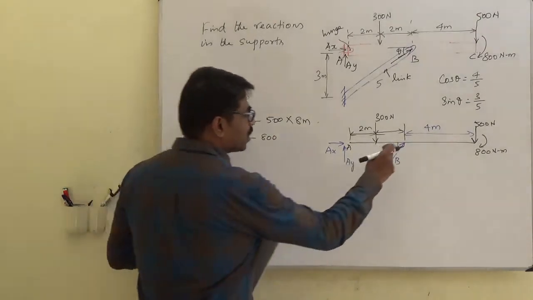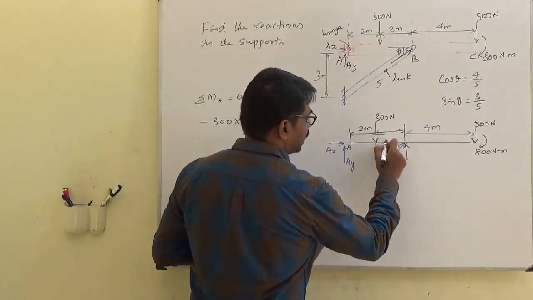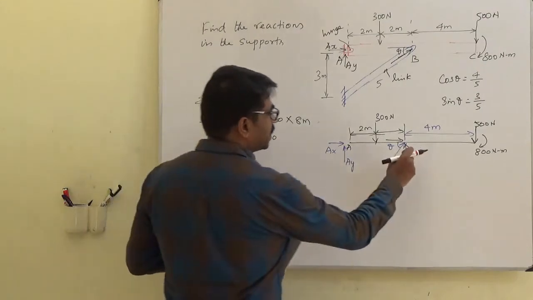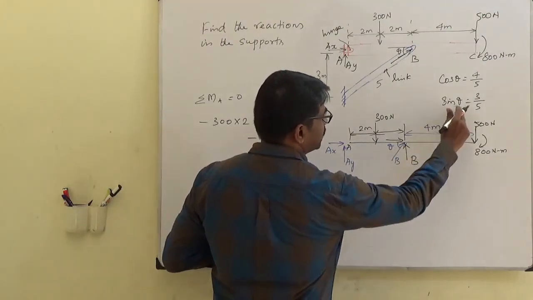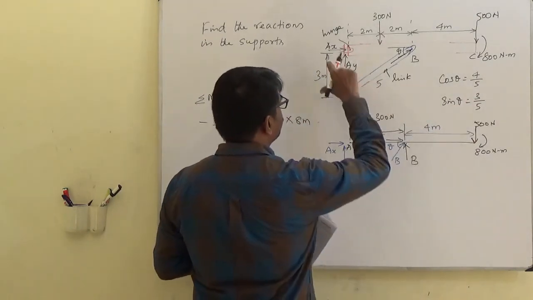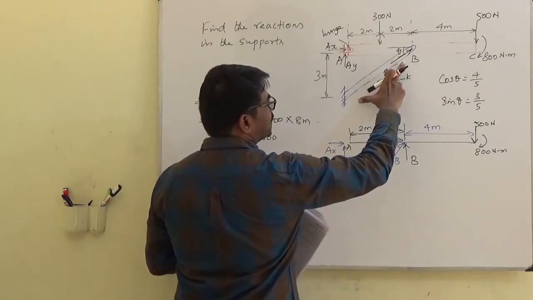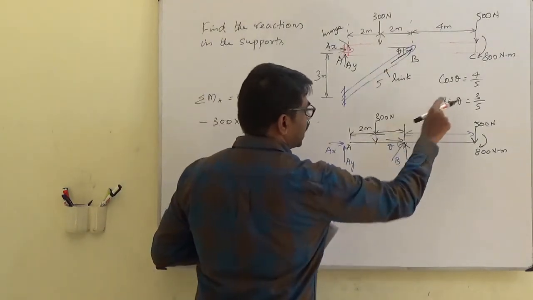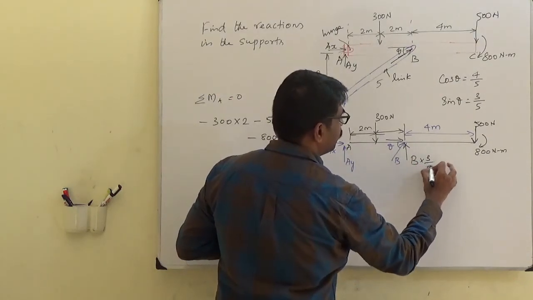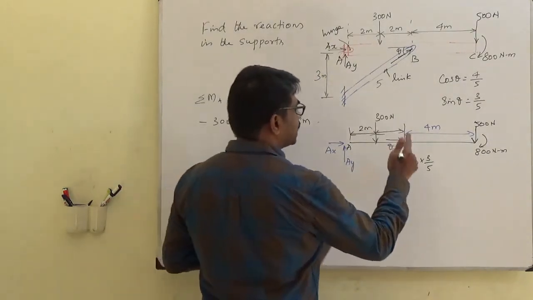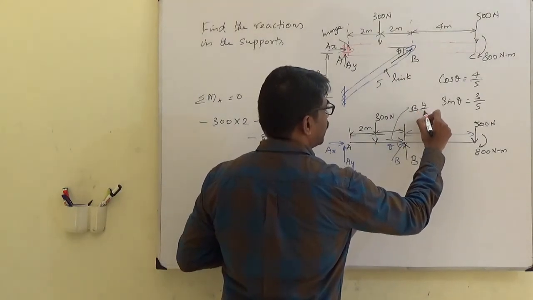And what about this force? It will have a vertical component and a horizontal component. So the vertical component is B sin theta. So sin theta is 3 by 5, because this distance is 3 and this distance is 4. So the hypotenuse is 5. So the cos theta is 4 by 5.